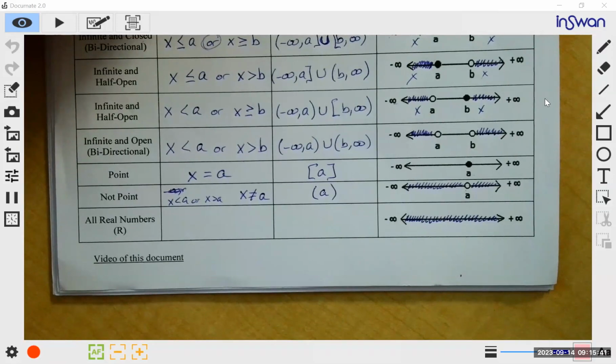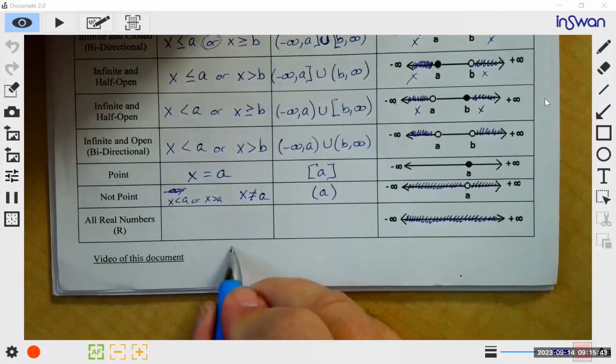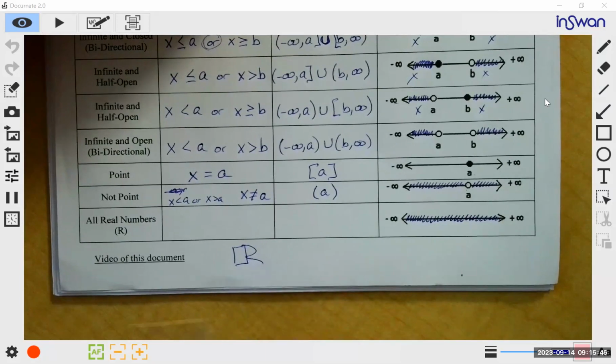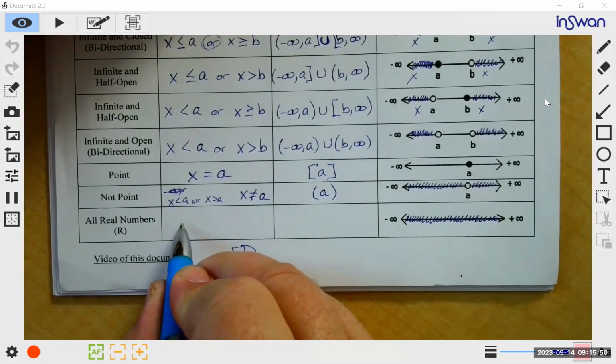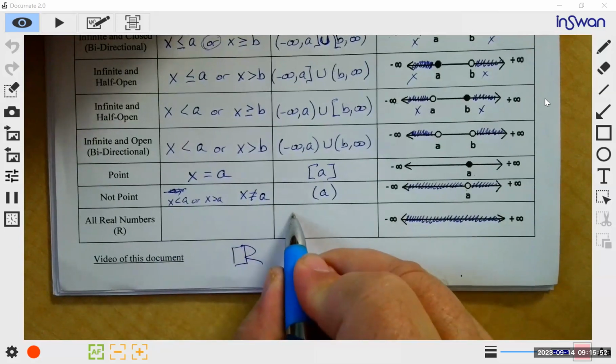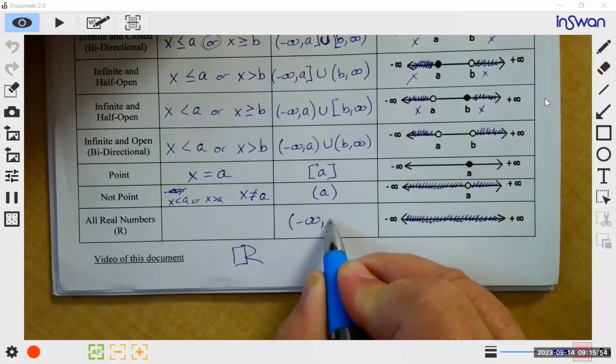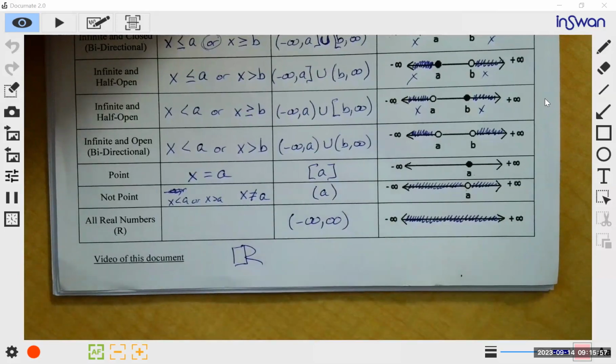The last one, all real numbers. Remember, the symbol for all real numbers is that R. In interval notation, negative infinity, positive infinity.